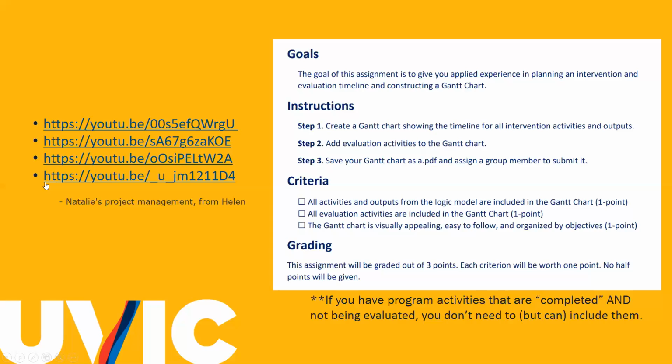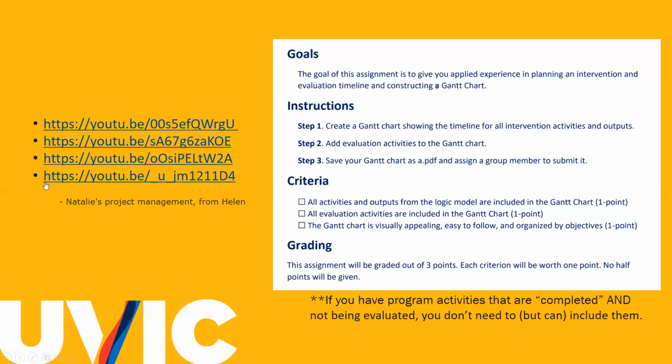But one thing I wanted to add, based on some back and forth on the discussion boards, is that if you have a program that has some elements that are just completed, they're not being evaluated, you don't have to have a timeline that spans the entire life of the program.